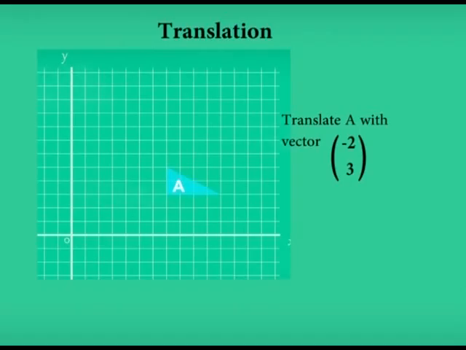So if we want to translate triangle A with vector (-2, 3), we can easily locate the image. A quick way is to pick a single point on the shape, like this, and we use it as our starting point. We look at the x-coordinate to see how far right or left we have to move.